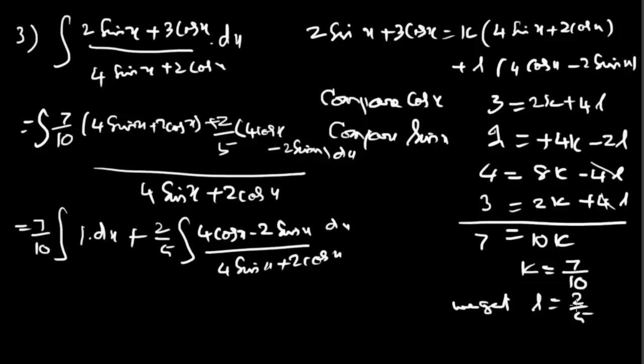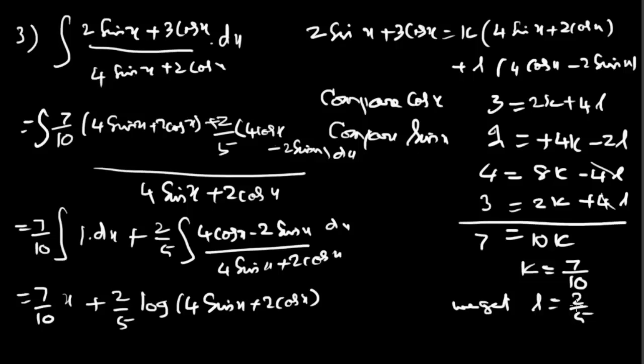Now integration: 7 by 10, integration of 1 is x, plus 2 by 5, the differentiation of the denominator you find here, so log of the denominator, log of 4 sin x plus 2 cos x, then plus c.